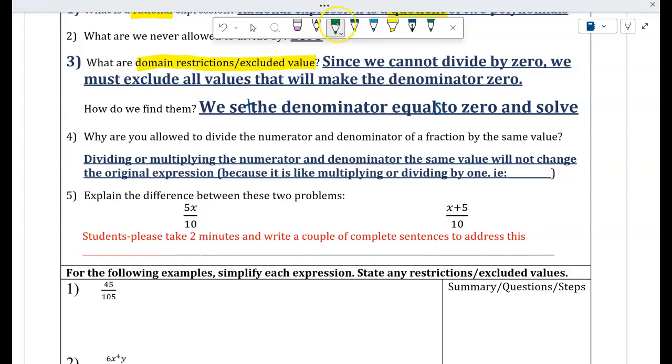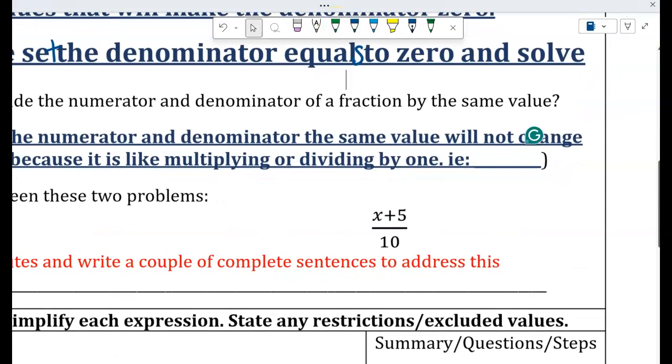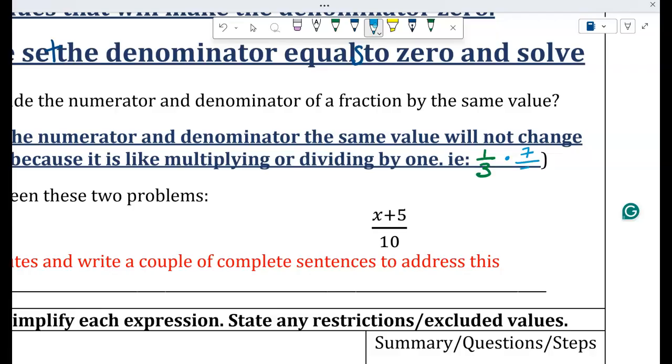So, for example, if we were to give you 1/3, and we want to multiply the top by 7, what we multiply to the bottom and the top has to be exactly the same. But guys, what's 7 divided by 7? That's 1, right?